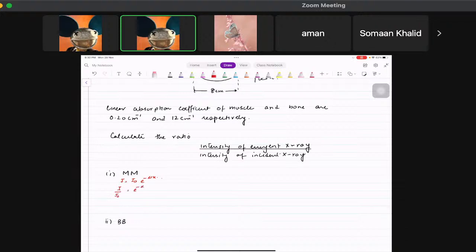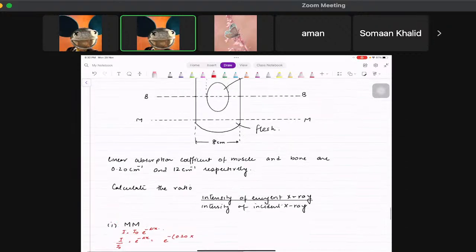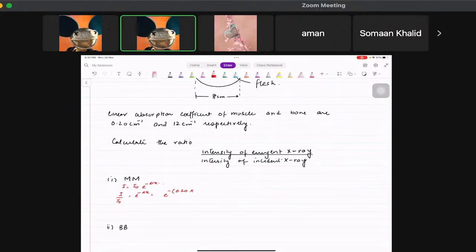The absorption of muscle is 0.20 per centimeter, so let's keep it there because the length of line MM is also in centimeters, which is 8, so we don't need to change that. Is that clear, everyone?